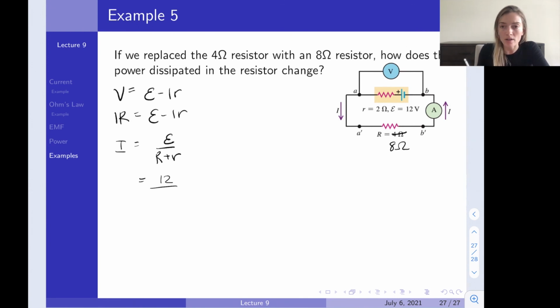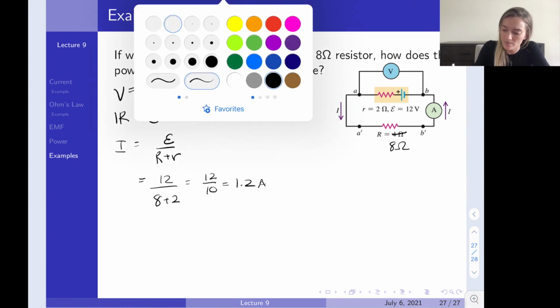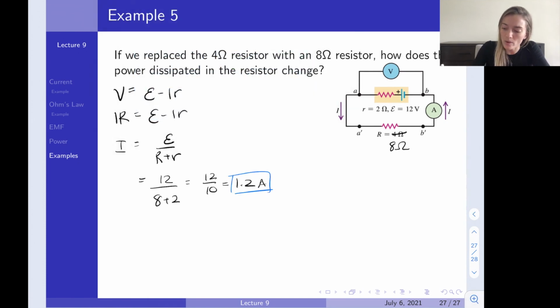Our capital R, the resistance of this resistor over here, has now increased to 8, and our small r, the internal resistance, is still 2. So we get 12 over 10, which is 1.2. Our new current has decreased. Our current now is 1.2 amps.